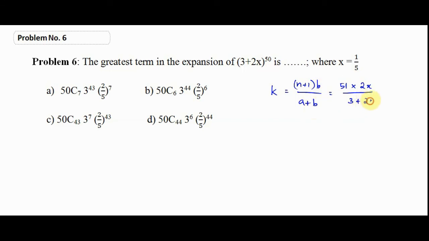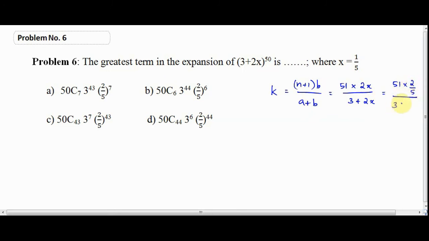So 3 plus 2x. And the value of x is given, it is equal to 1 by 5, so we may substitute that here: 51 into 2 by 5 divided by 3 plus 2 into 1 by 5. This will be the value of k.